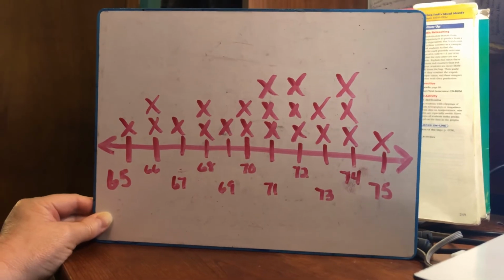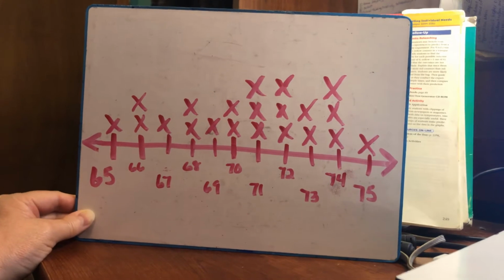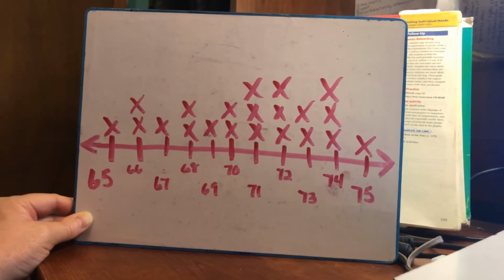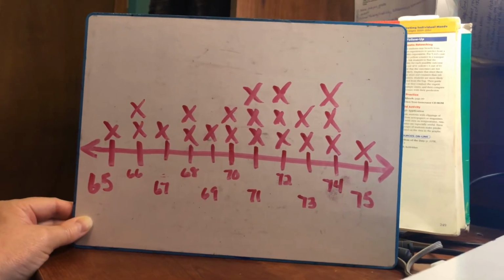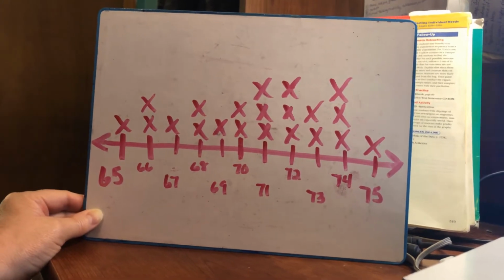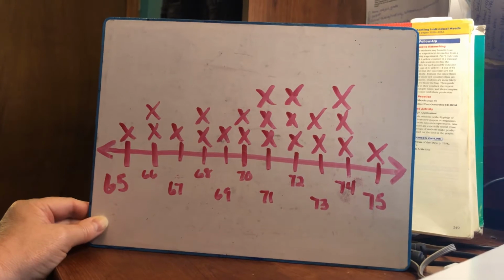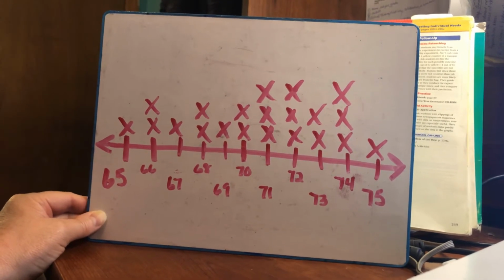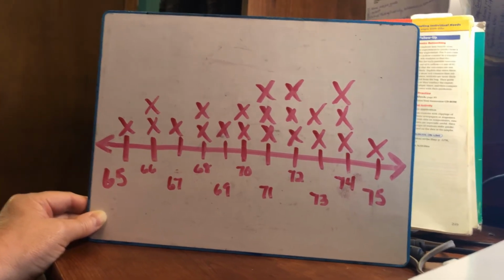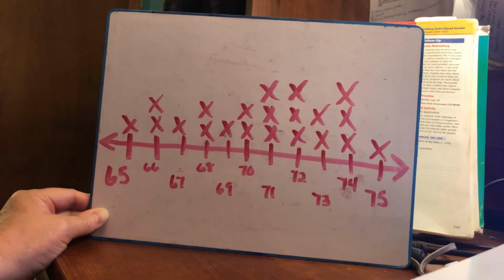How can they make a prediction about whether the 22nd day is going to be a temperature that's in the 60s or in the 70s based on the data that they have already collected? Well, what they can do is look at their line plot here, look at the temperatures that are in the 60s and count them up, and then look at the temperatures that are in the 70s and count them up.